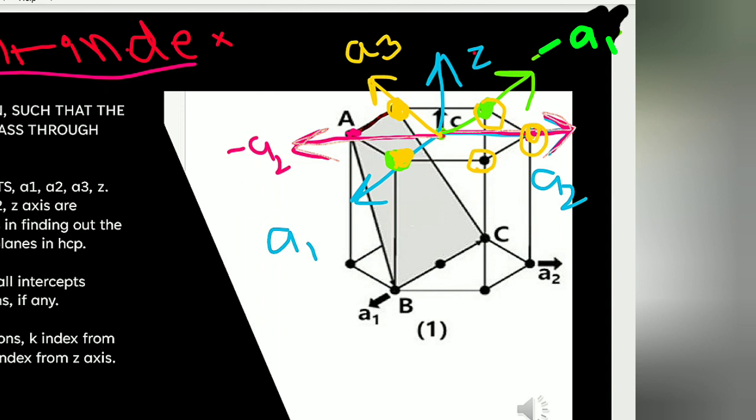So you can see here that this blue line is the positive A1 direction, leaving this one corner untouched.